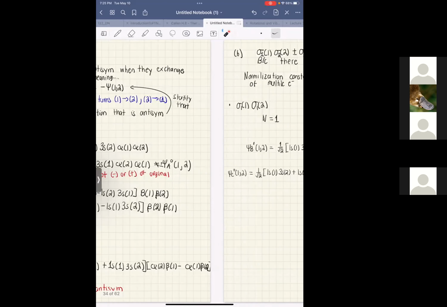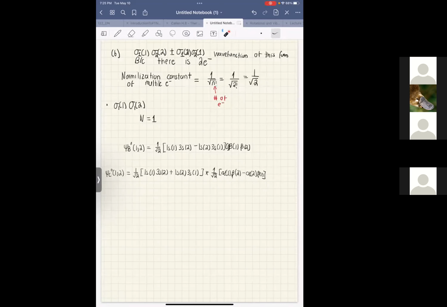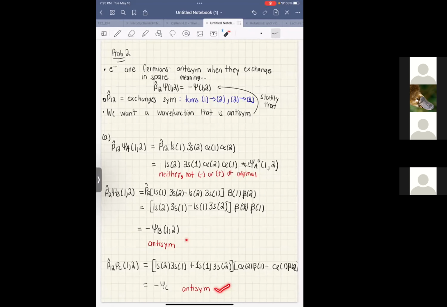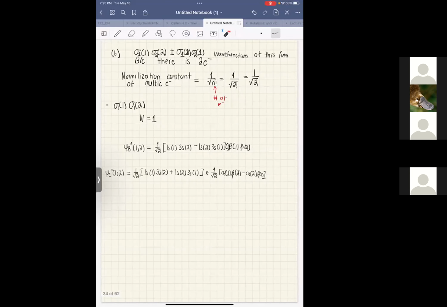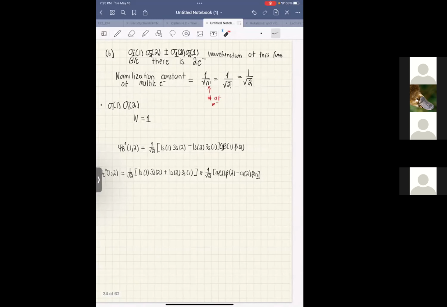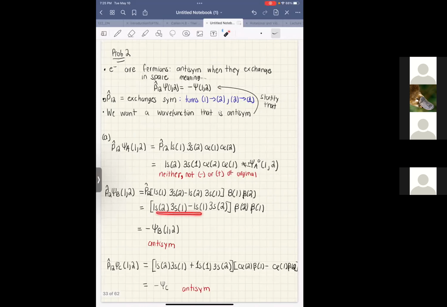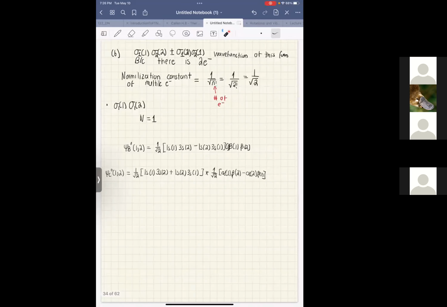Now, the next part is to find a normalization constant of each of the wave functions. So we have to find a normalization constant for this one and for this one. A simple trick is, for wave functions in this form, and when I say wave functions, I mean the spatial wave function and the spin wave function, the normalization constant is equal to the number of electrons times the factorial.